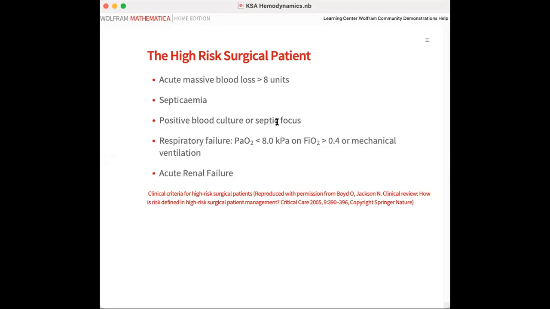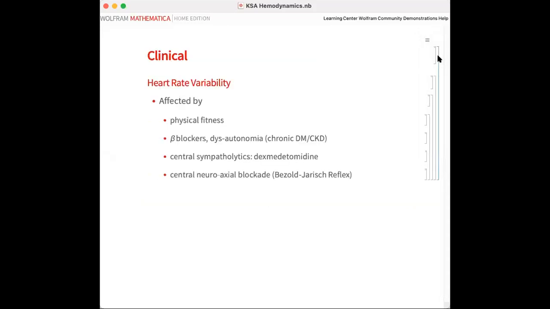And patients who have hypoxemia requiring mechanical ventilation, of course, requiring very high FiO2s, and giving you a PF ratio that is really deranged. And of course, patients who are having acute renal failure. These are patients that need intense monitoring.